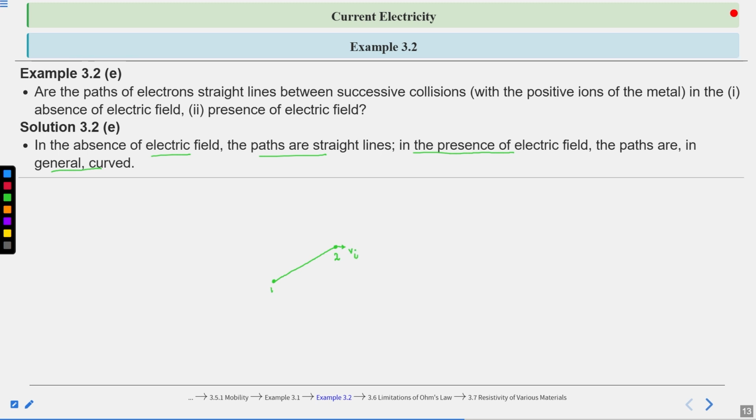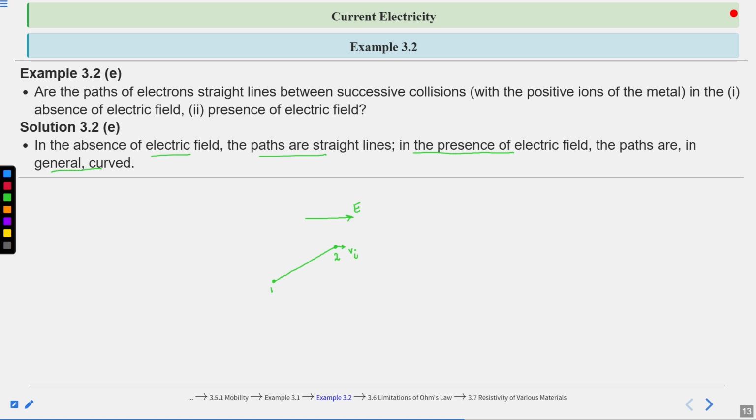Its random velocity is in this direction, but we have applied the electric field in this direction. After collision at point 2, its random velocity small vi is in this direction, and we have applied the electric field horizontally in the forward direction. So some time after collision, it will start experiencing a force in the direction opposite to the electric field.